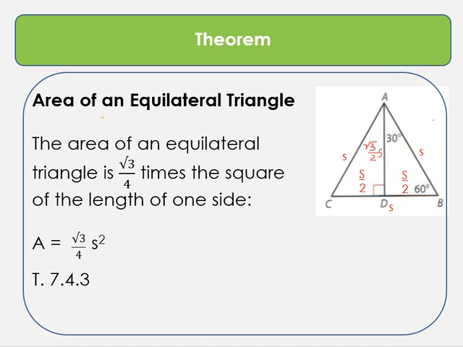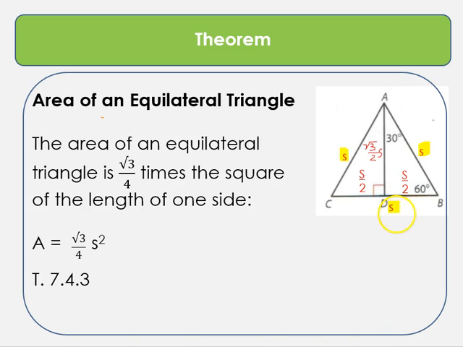First and foremost, we have 3 congruent sides because it's equilateral, and we're going to call these sides s. Remember that we have an altitude that's been dropped that divides this base in half.